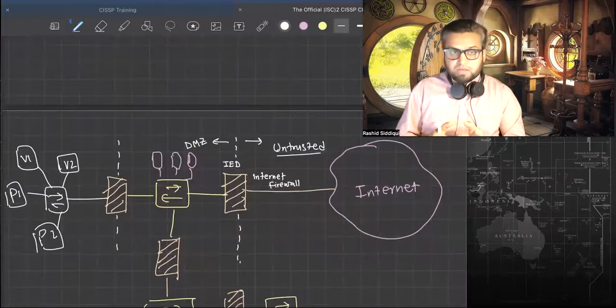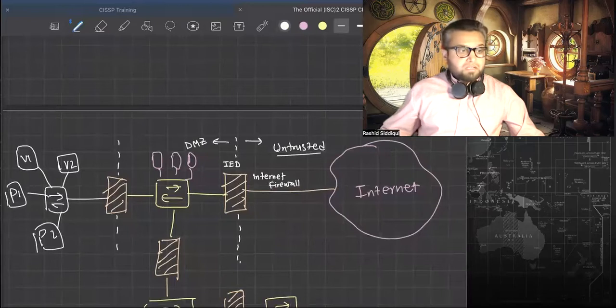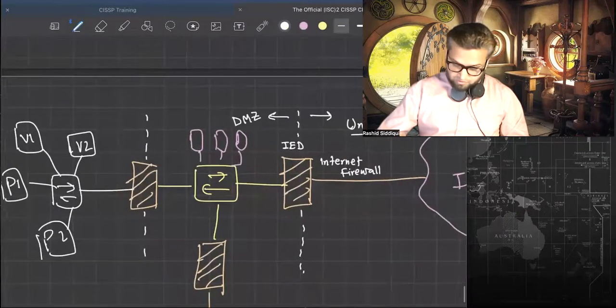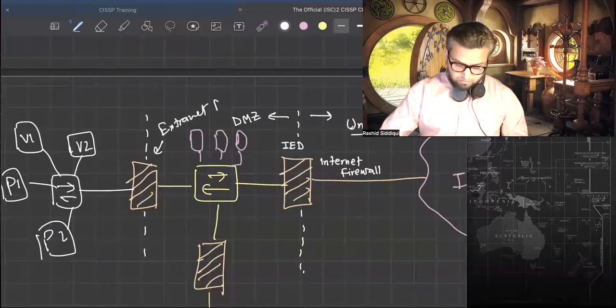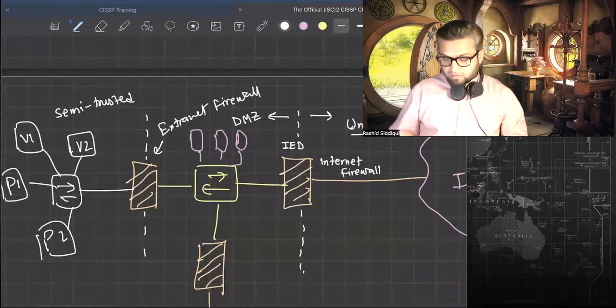So we have this internet firewall acting as a layer, and it is providing a separation between internet and our enterprise. And our enterprise first gateway is basically internet firewall. Now this firewall is called extranet firewall, and this is called semi-trusted, right?